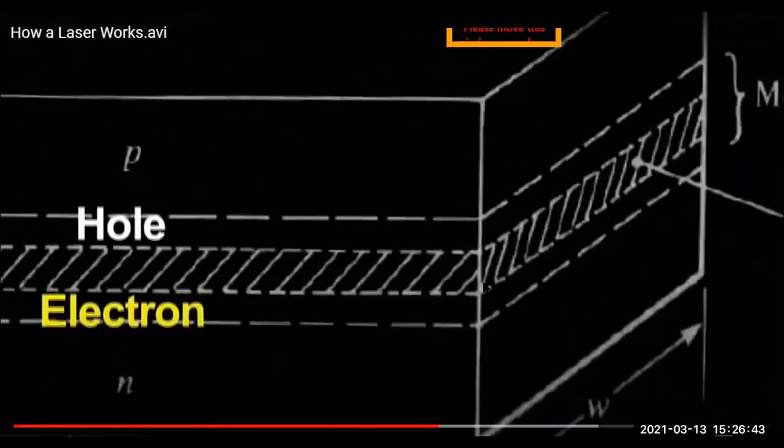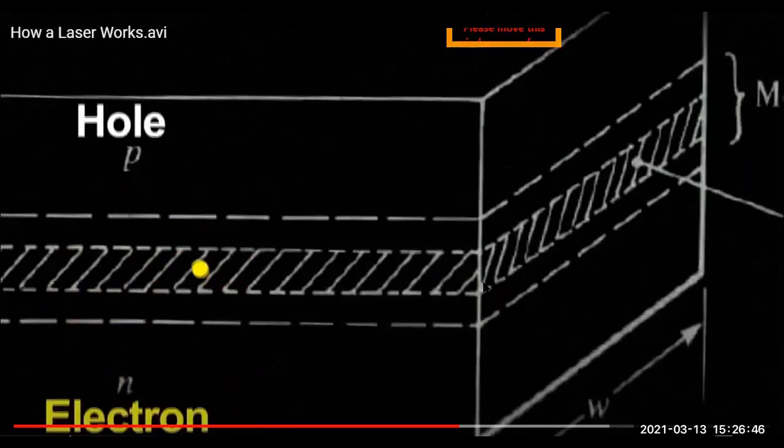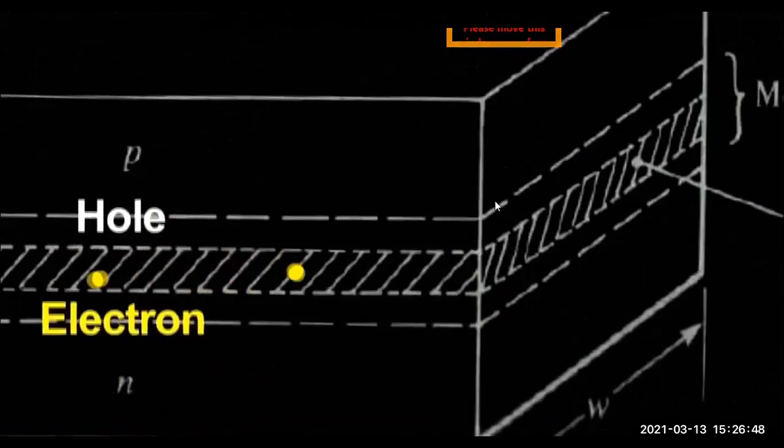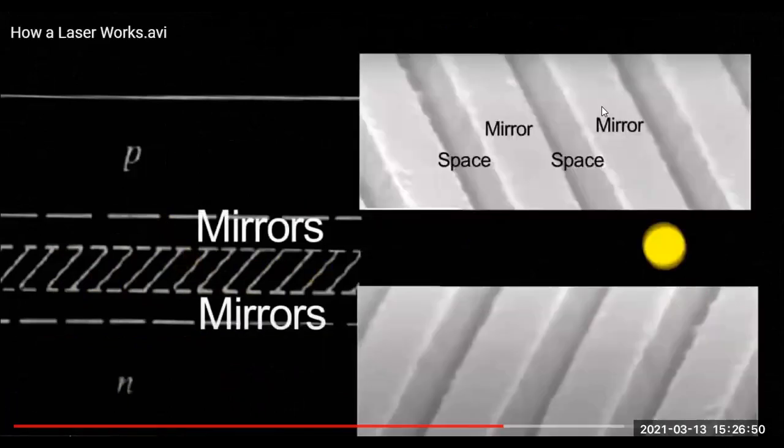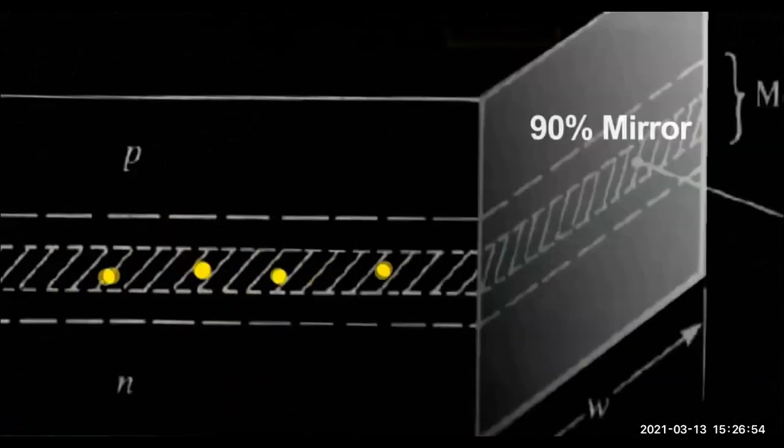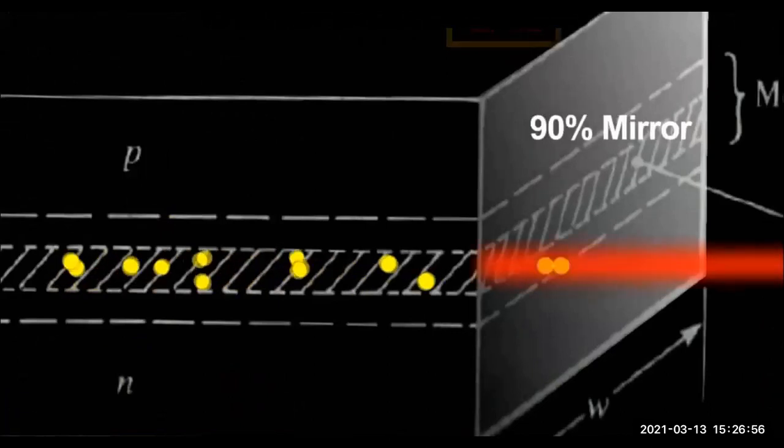And these recombine and produce light, which is bounced back and forth between the mirrors, and that inspires more electrons and holes to recombine and singles out, instead of a broad spectrum of light, it concentrates at a single frequency, and all the light comes out in a very intense collimated beam.